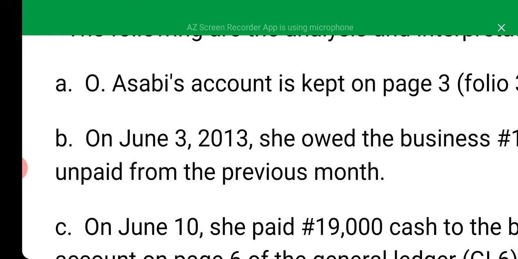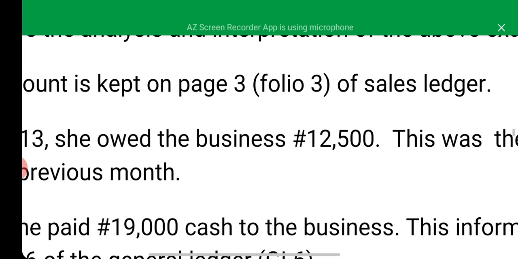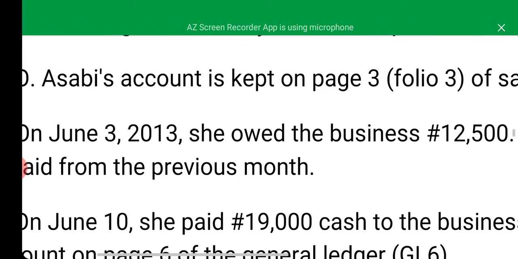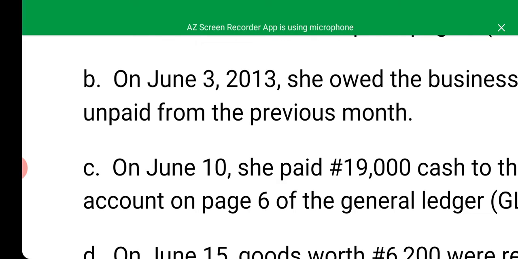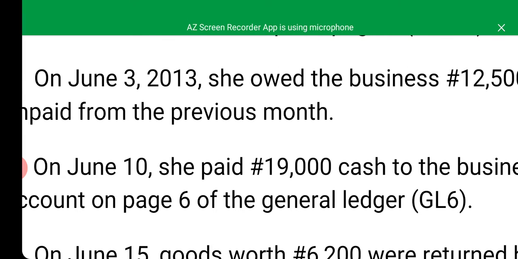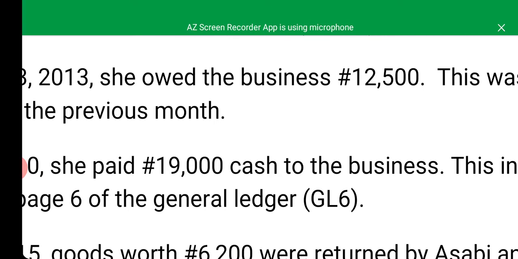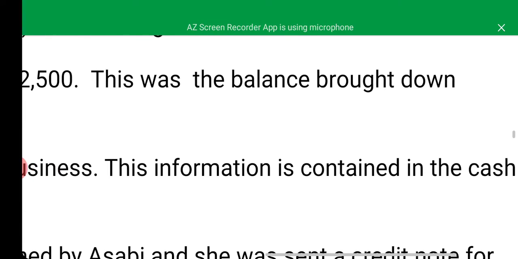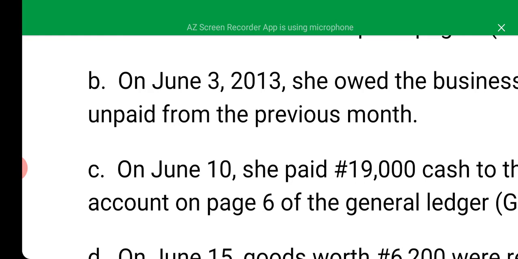A. O Asabi's account is kept on page 3, folio 3 of sales ledger and on June 3, 2013, as we have in the sales ledger, she owed the business 12,500. Like I said earlier, the balance brought down, which may be the cash in hand with Asabi or at bank, 12,500. So this was the balance brought down from the previous month, the month of May.